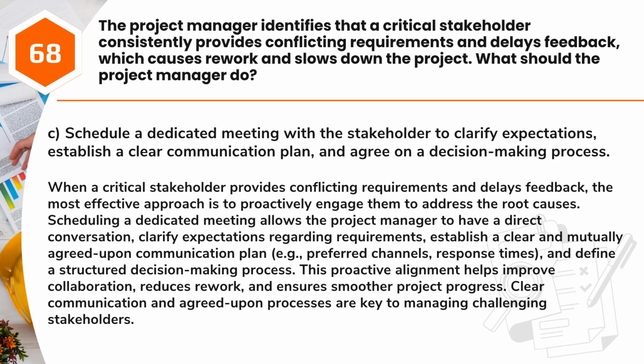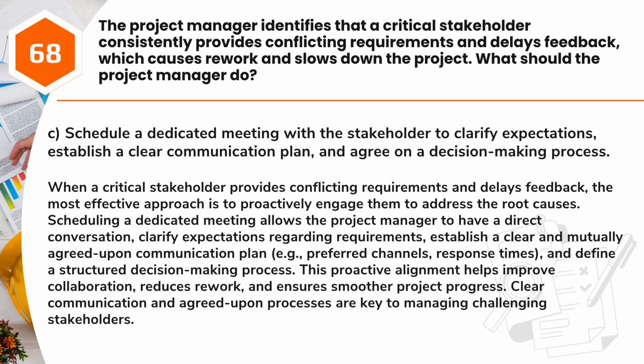Answer: C. Schedule a dedicated meeting with the stakeholder to clarify expectations, establish a clear communication plan, and agree on a decision-making process. When a critical stakeholder provides conflicting requirements and delays feedback, the most effective approach is to proactively engage them to address the root causes.